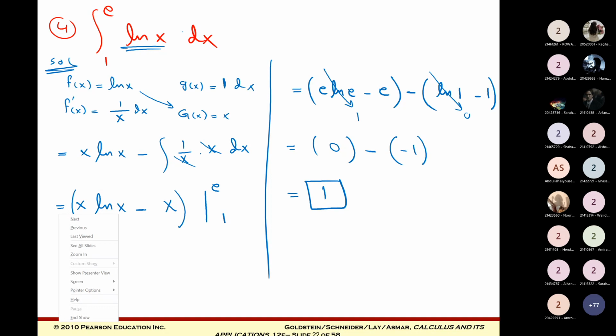أحيانا ممكن يكون عندي باي بارت باي سبستيوشن بنفس التوقيت. يعني أعطيكم مثال على باي بارت باي سبستيوشن بنفس السؤال.